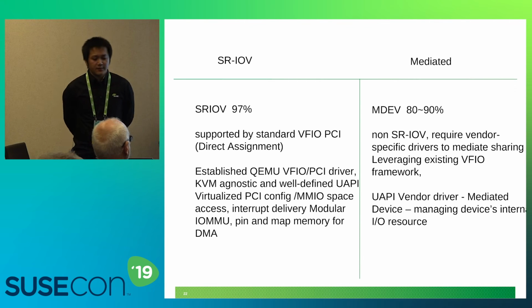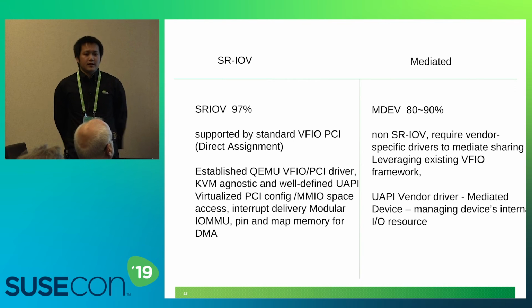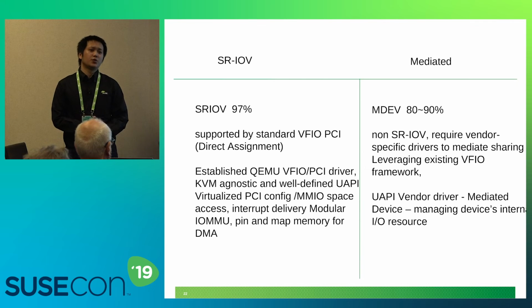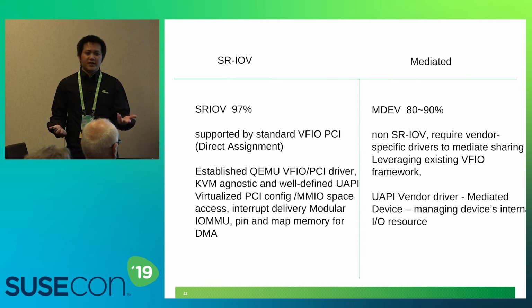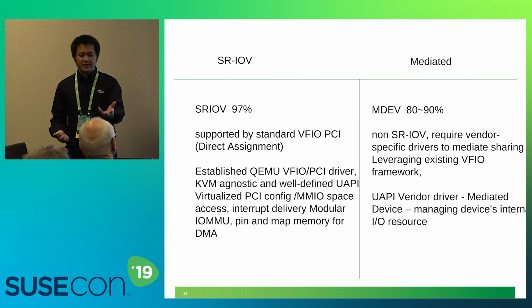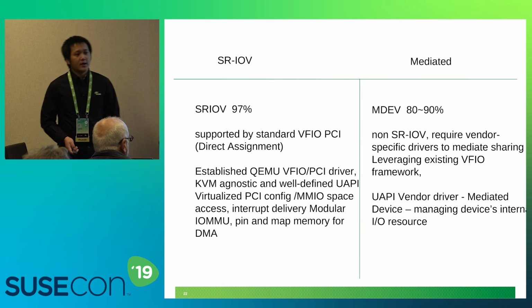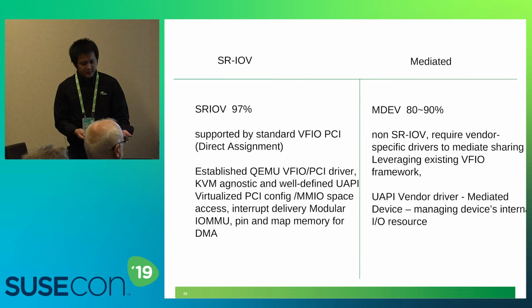And also because it's not an independent device for the host, if you run lspci, you couldn't find any information. In that case, you need to give it an ID. So here they're using UUID to identify the device.